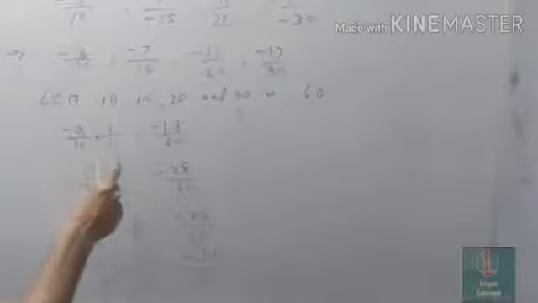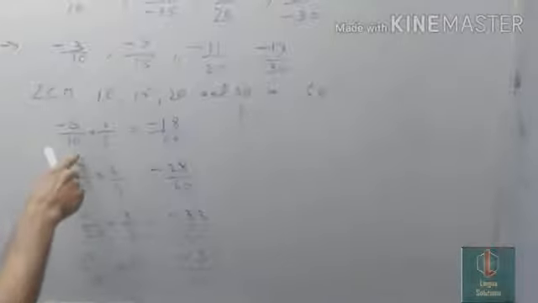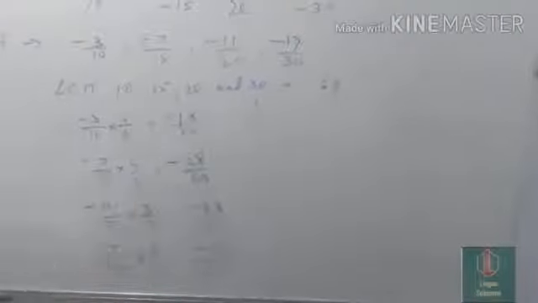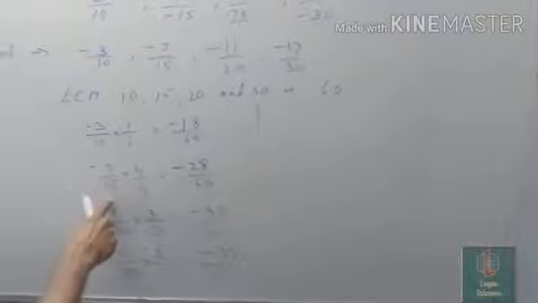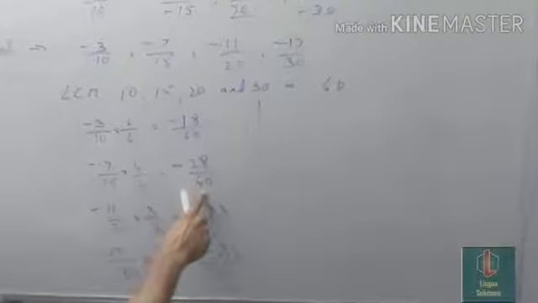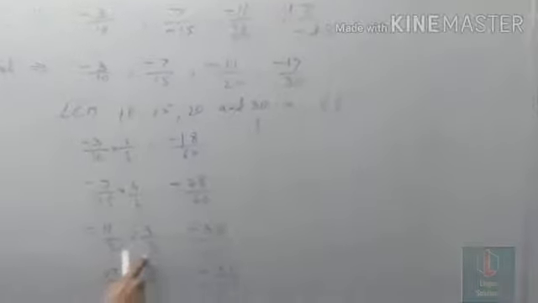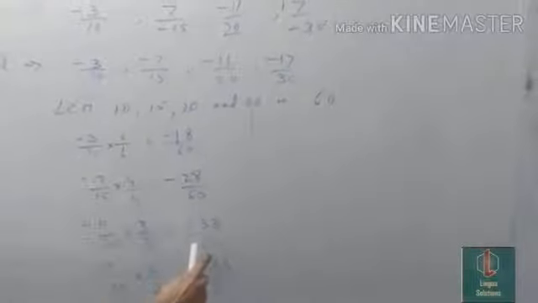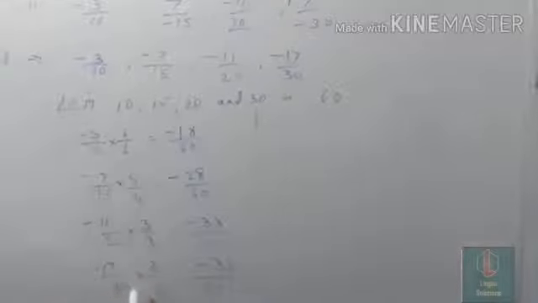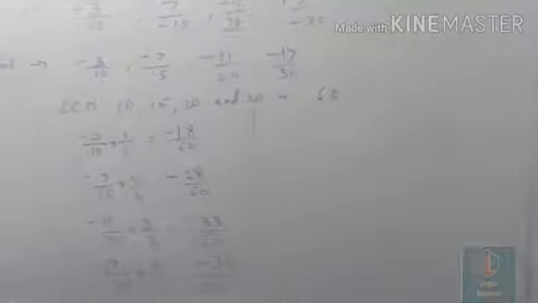Now we get minus 3 by 10 into 6 by 6 is equal to minus 18 by 60. Minus 7 by 15 into 4 by 4 is equal to minus 28 by 60. Minus 11 by 20 into 3 by 3 we get minus 33 by 60. Minus 17 by 30 into 2 by 2 we get minus 34 by 60.